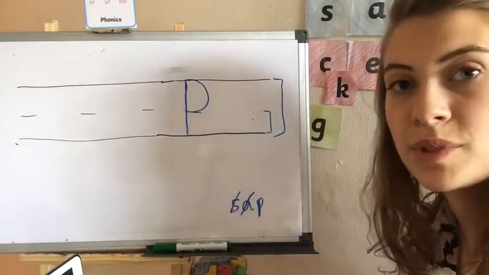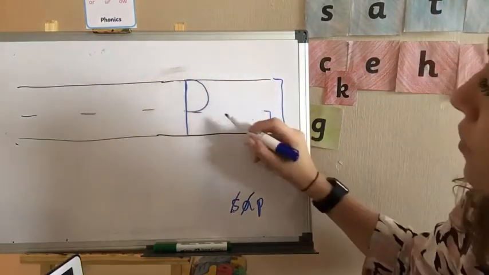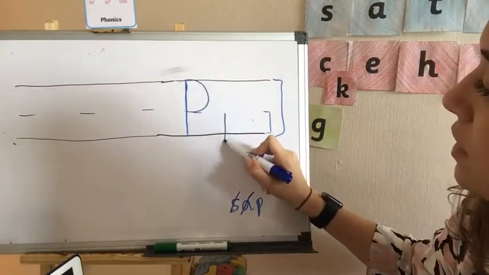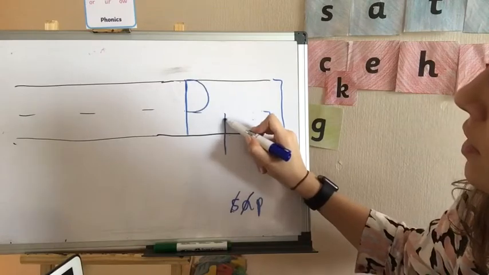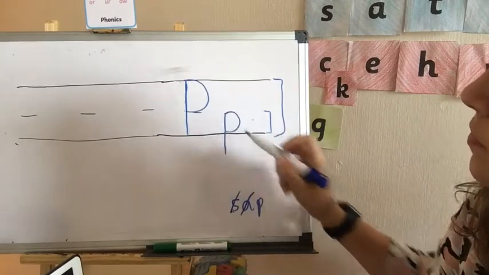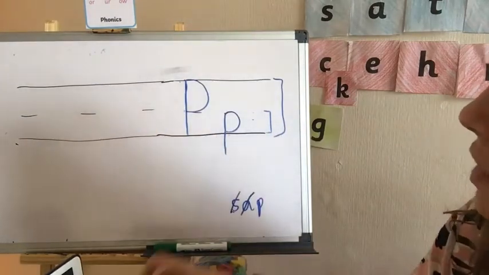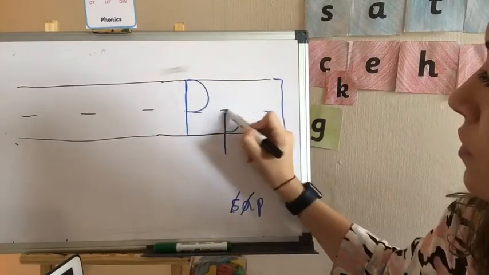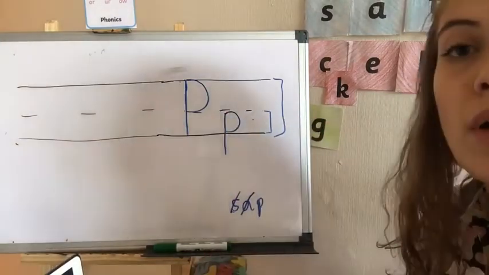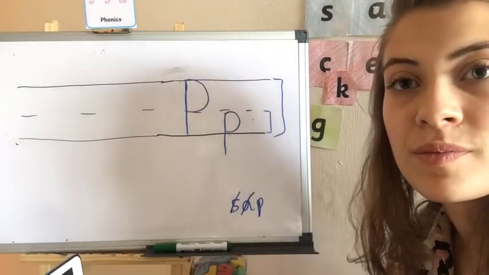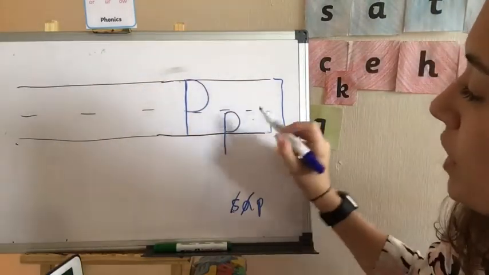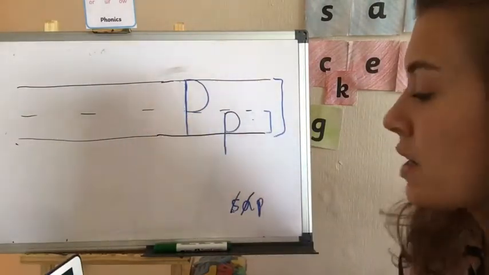That's the capital one. And now the lowercase. Here and here. In the middle of the lines. Okay? That's the letter P, lowercase and capital.